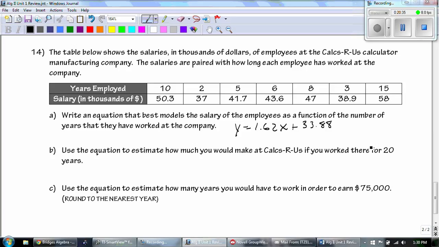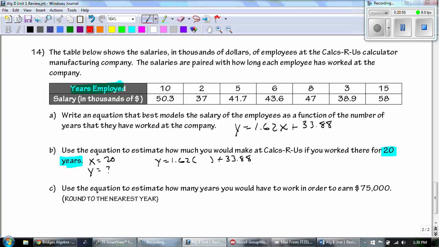Okay, so for B, did they tell us the X or the Y? Well, they said if they worked there for 20 years, and years is our X. Okay, so Y equals 1.62 times X plus 33.88.